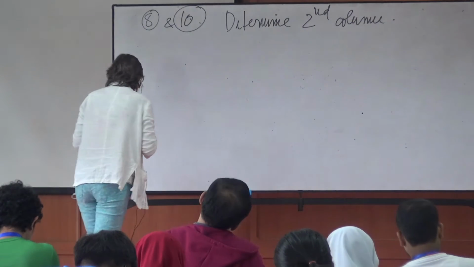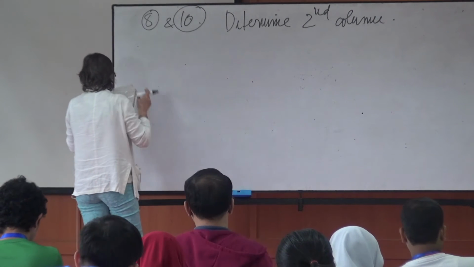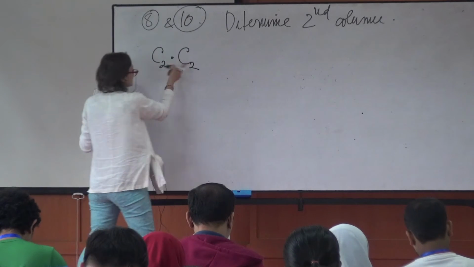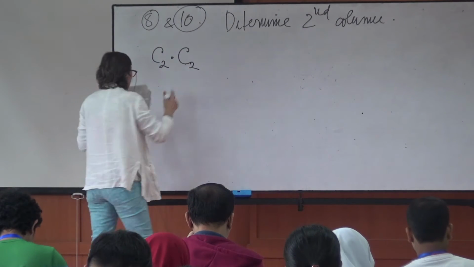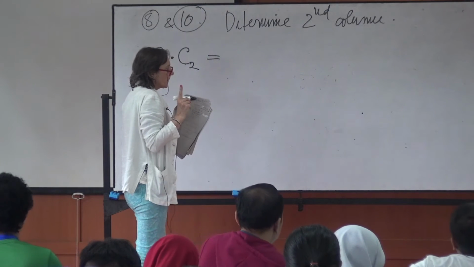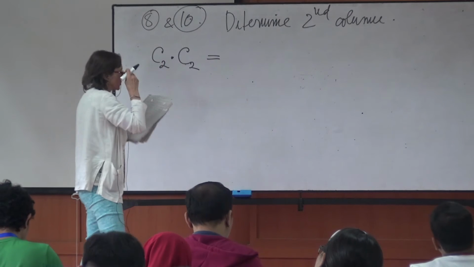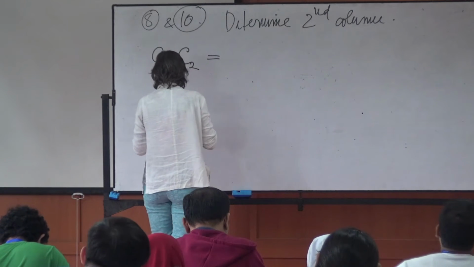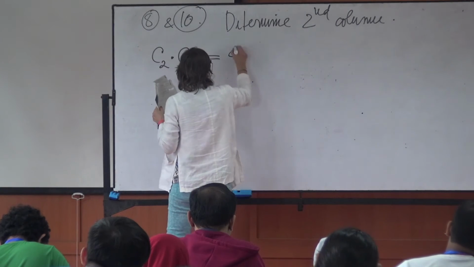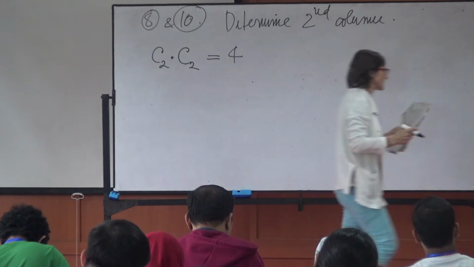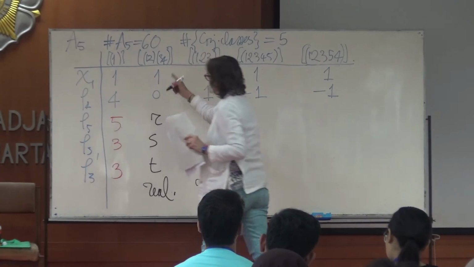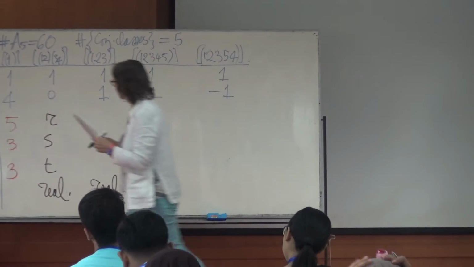So we use the fact that C2 dot C2, the usual scalar product, equals the order of the centralizer, in this case 4. Let's call R, S, and T the numbers which we want to determine.